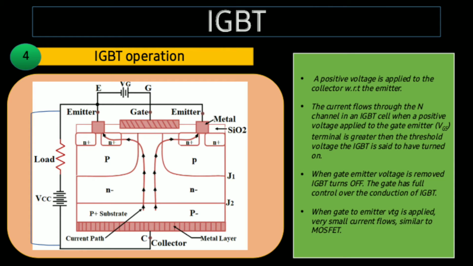Due to the voltage source VCC, the junction J1 will be forward biased and the junction J2 will be reverse biased. Since J2 is reverse biased, no current flows in the IGBT. Initially, we do not apply any voltage to the gate terminal. At this stage, the IGBT is in the non-conductive state.